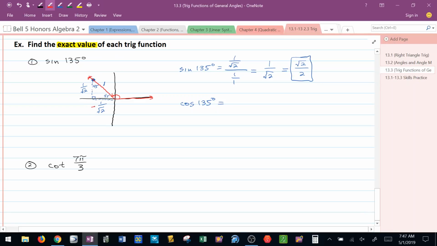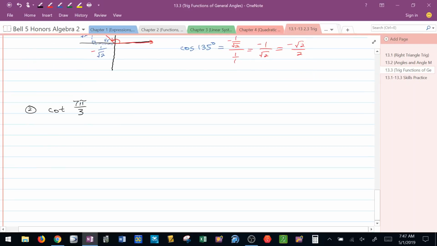Because we're moving to the left on the x-axis. All right? So that's one thing you got to be careful of. So this would have been negative 1 over the square root of 2 divided by 1 over 1, which would be negative 1 over the square root of 2, or the cosine of 135 would have been negative radical 2 over 2.